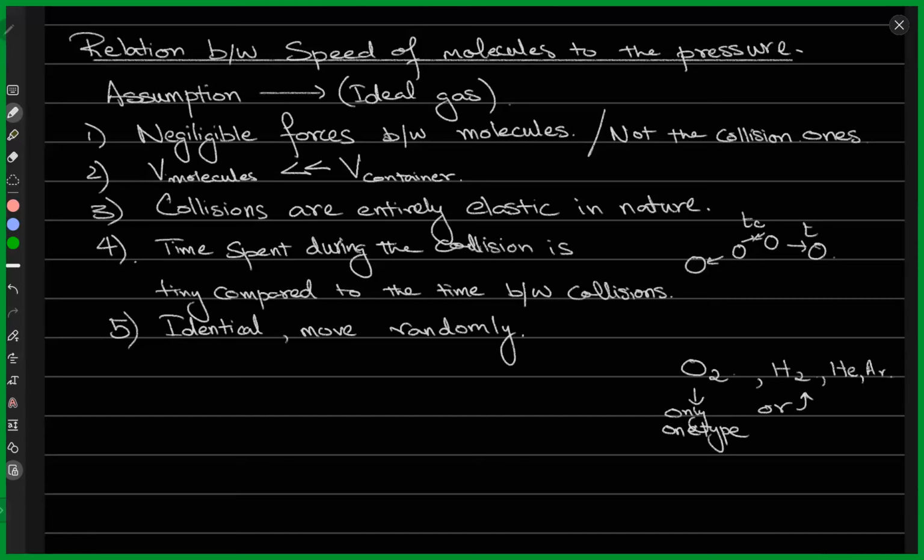I'm just saying that it would be only one type of gas that we're talking about, either oxygen or hydrogen or helium or argon or any other type, etc. But the main point is it's just one type of gas, which is why we can assume that the molecules are identical. So that's clear? Okay, good. Yes, sir.